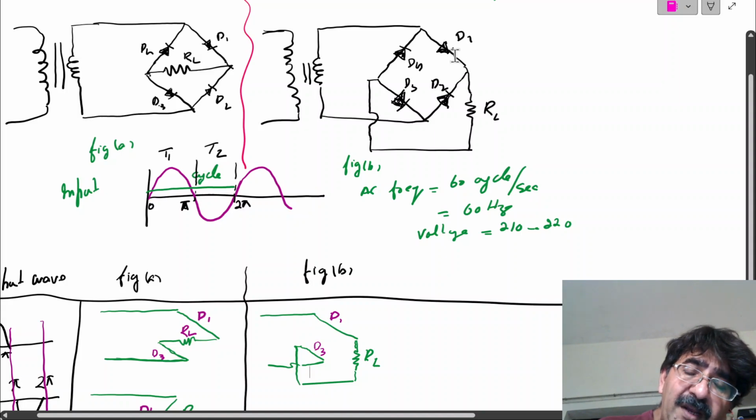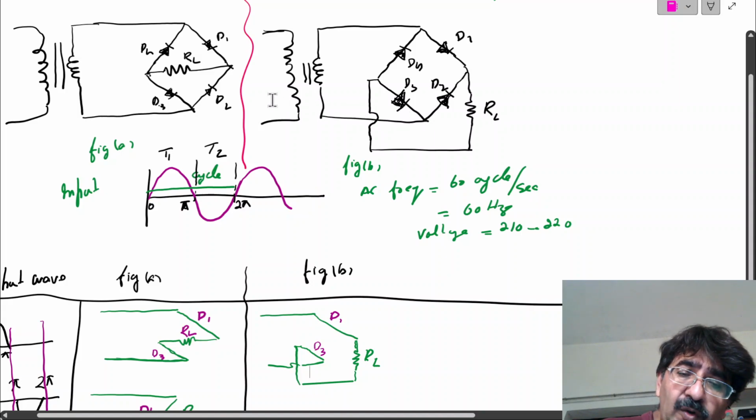And the P part will be lower because it is not dropped, and the incoming wave has a negative part, so it will be more negative as compared to the N part of diode 3, because the value of the negative part of the ripple is dropped after passing through the load resistance.